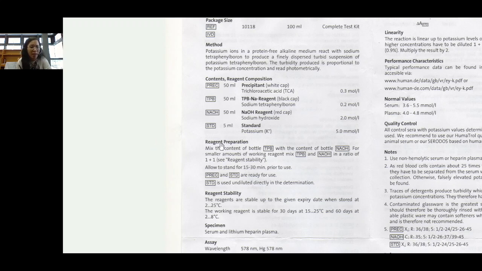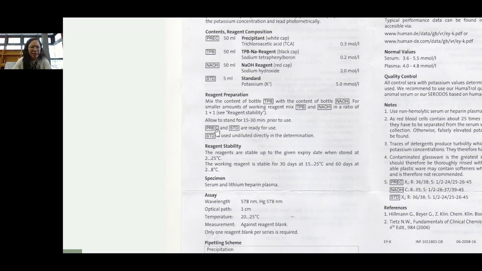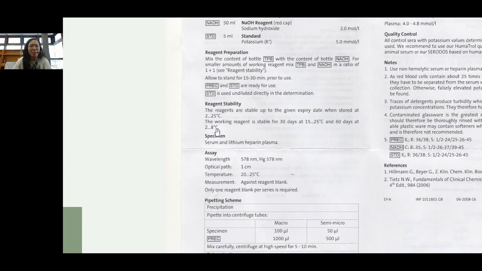So, 1:1 lang. So, kung mag 1 ml mo sa inyuhang tetraphenyl boron, then 1 ml po sa inyuhang sodium hydroxide na reagent. And then, before using that mixed reagent, kids, make sure na i-allow sa ninyo siya to be completely mixed. Allow to stand for 15 to 30 minutes. Saka pa nato siya exactly na magamit.